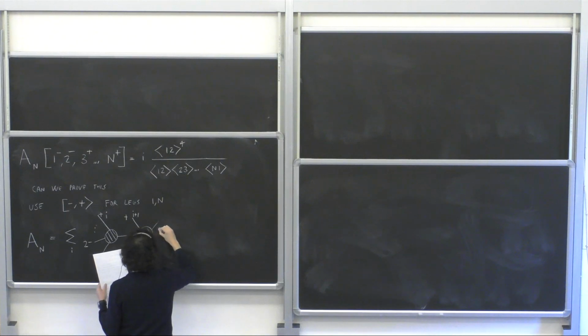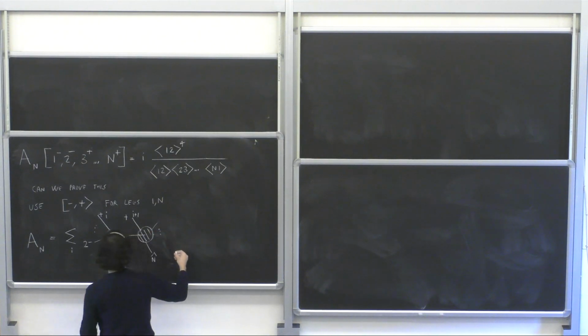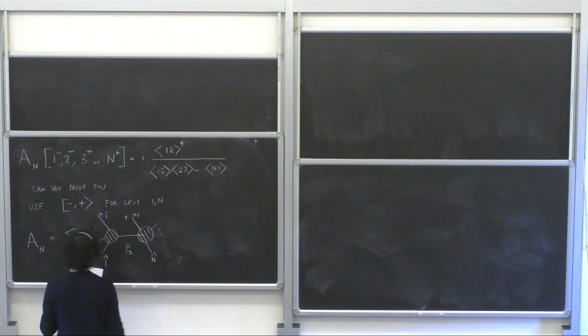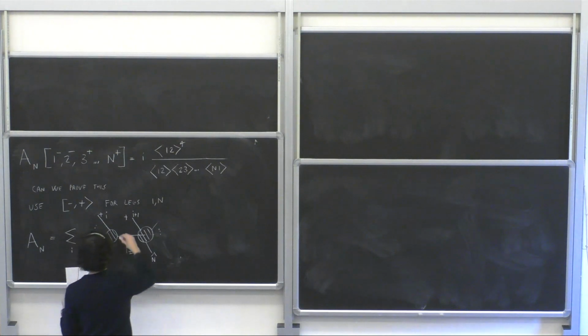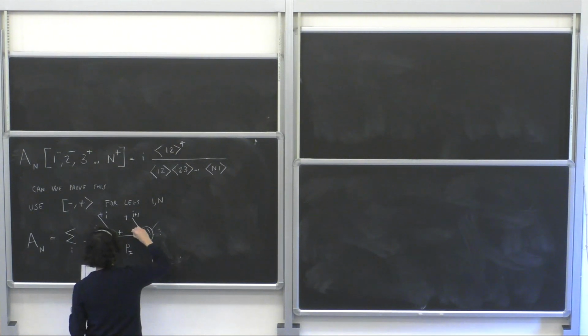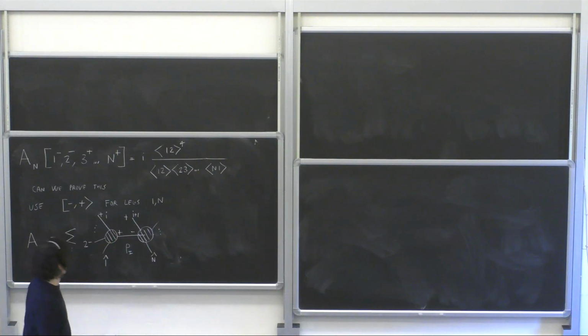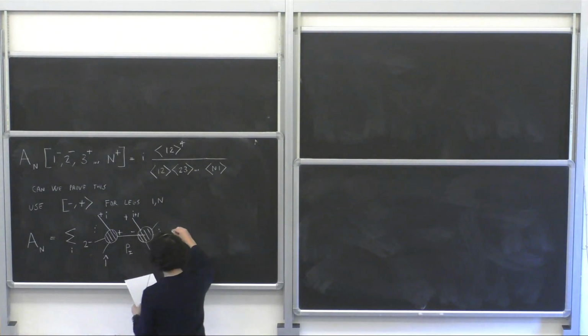And we go all the way to leg n. And why are there two terms in this? Because since I am considering on-shell states, I need to consider two opposite situations. The one in which you have a positively polarized gluon here and a negatively polarized one, or the other way around.